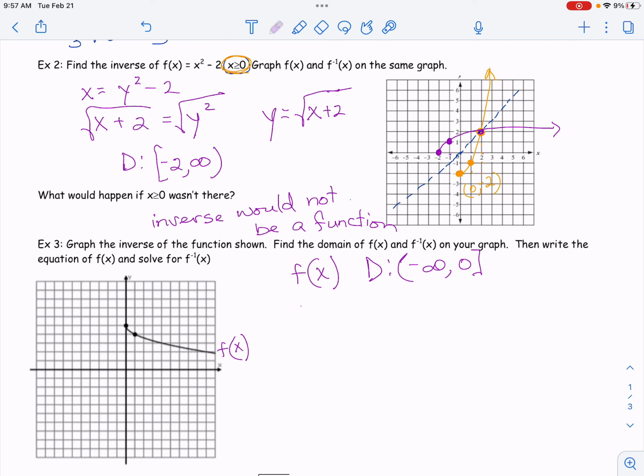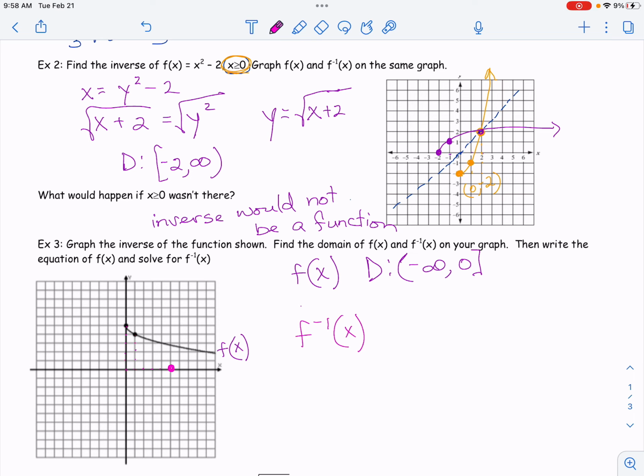When I take the inverse, I'm going to take my points. On this one, it's 0, 1, 2, 3, 4, 5. So my inverse point would be 5, 0. This is 1, 4. So it's going to be 4, 1, 0, 5.